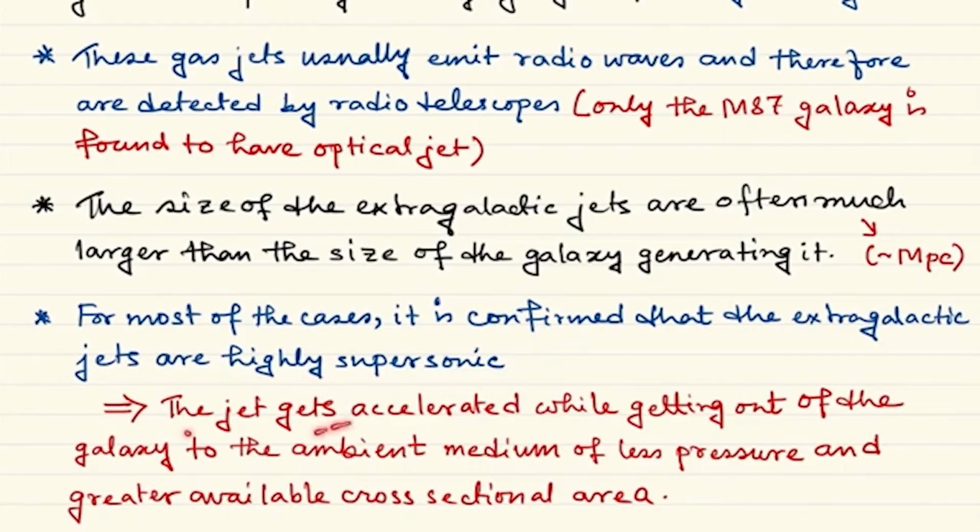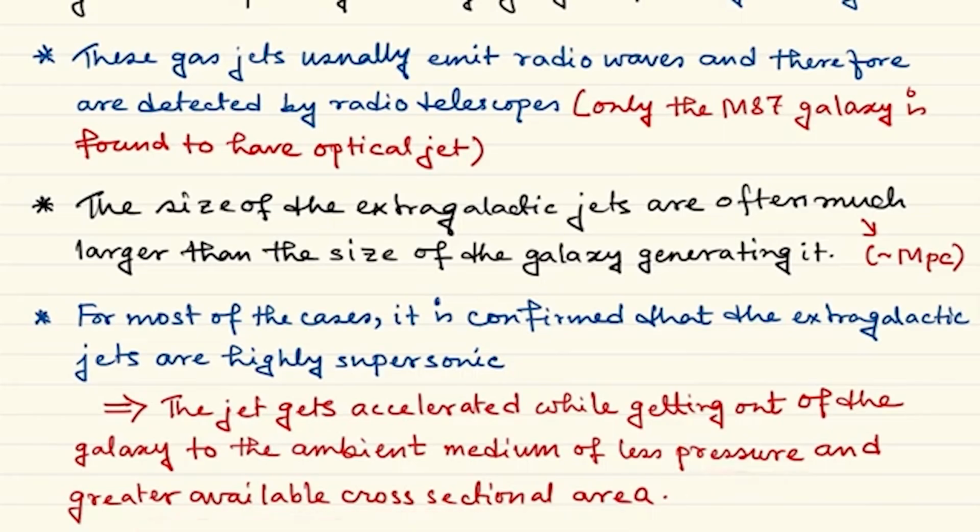The jet gets accelerated while getting out of the galaxy to the ambient medium of less pressure and greater available cross-sectional area. As you can easily understand, since the jet is highly supersonic, we can use the theory which we have just seen previously: this type of supersonic flow will be accelerated whenever it goes to a surrounding medium with less pressure and greater available cross section.